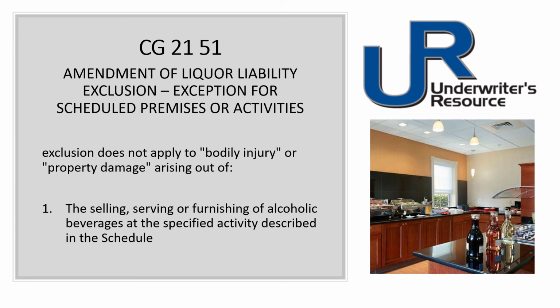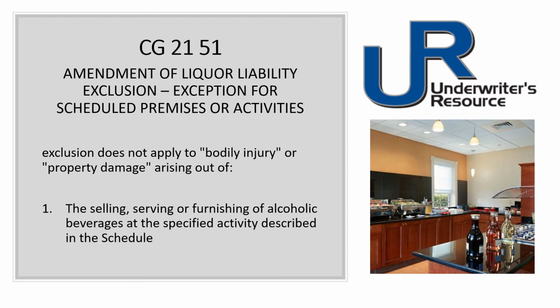The second route to modify the liquor liability exclusion, I believe, is a much easier and more effective way to do it. It basically allows the insured to schedule some exceptions for the liquor liability exclusion. For instance, the exclusion would not apply to BI or PD arising out of the selling, serving, or furnishing of alcoholic beverages at the specific activity described in the schedule.